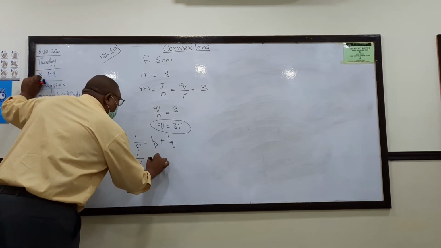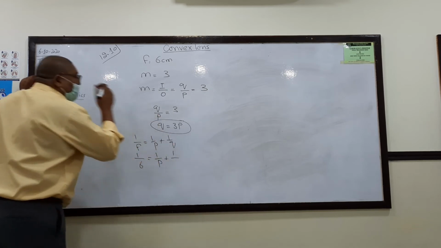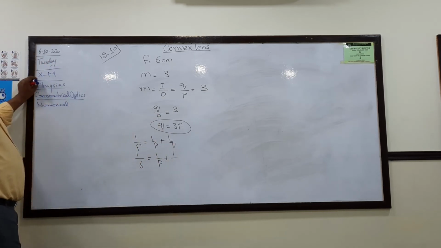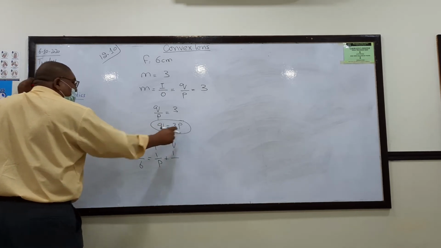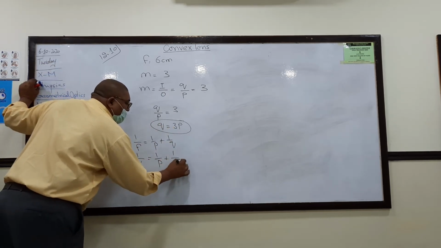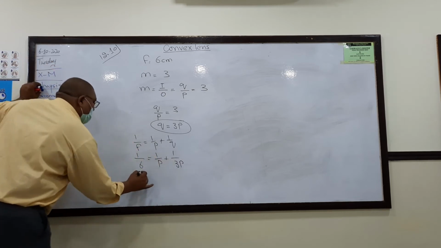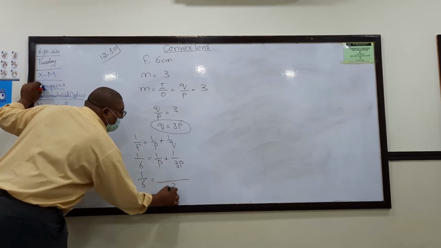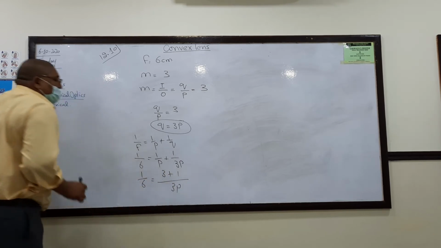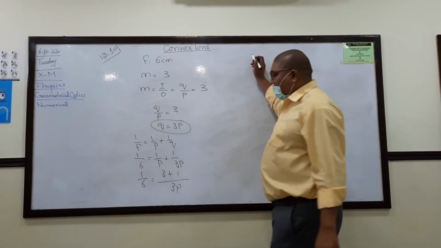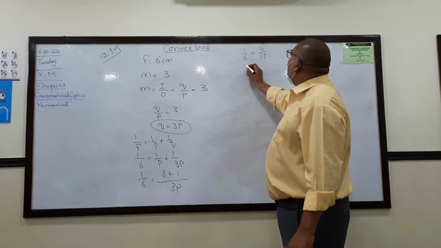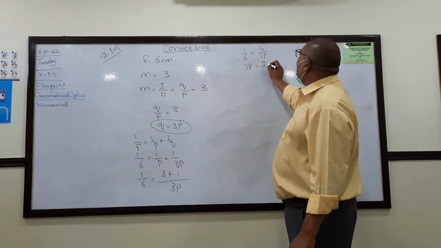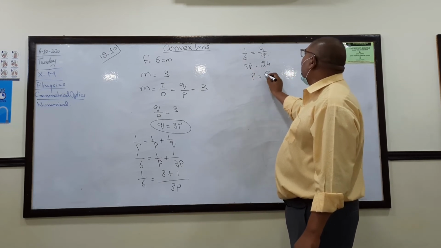So 1 by P is the question, plus 1 by Q. In the place of Q, I don't want the value of Q. Actually, I want to find out the value of P. That's why Q will be substituted with 3P. Take the LCM here. So it will be 3P, 3 plus 1. If you cross multiply, 1 by 6 equals 4 by 3P. So 3P, cross multiply, it's 24, and divide, and it will be 8.